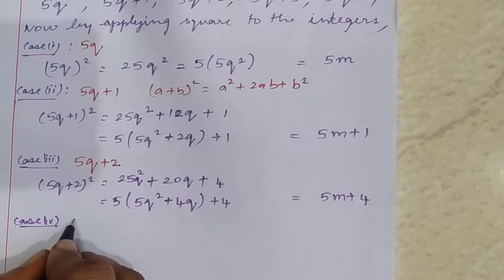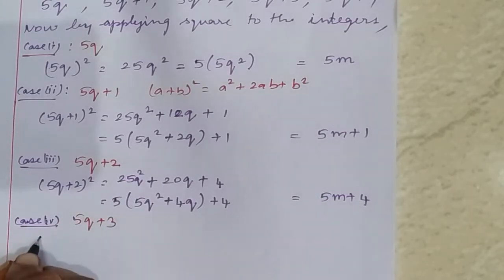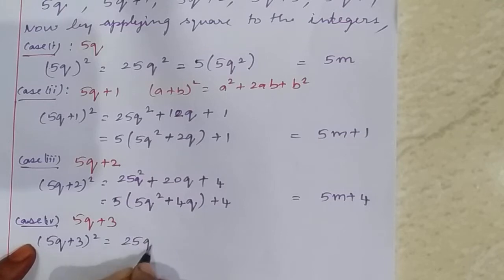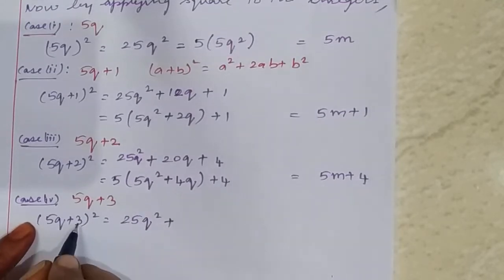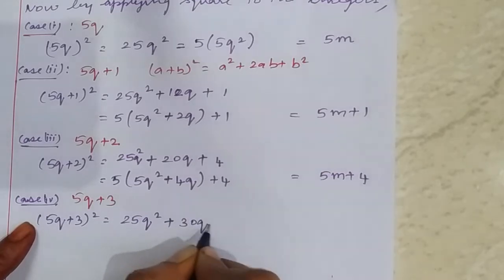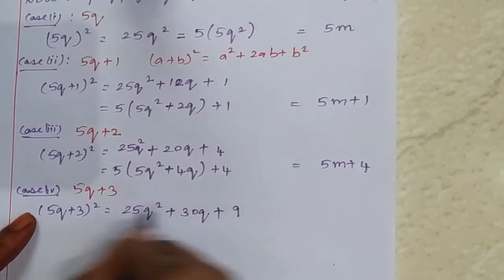Next one is case 4. It is 5q plus 3. So we are going to apply the square to this number 5q plus 3. So it is 25q square plus 2 into 5 into 3, which is 30q, plus 3 into 3, which is 9.